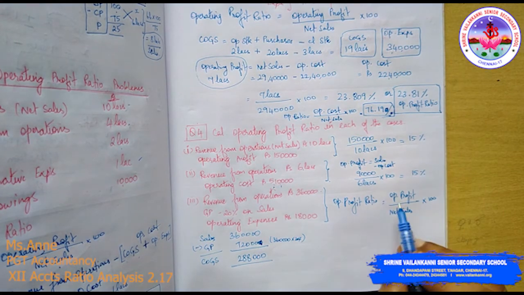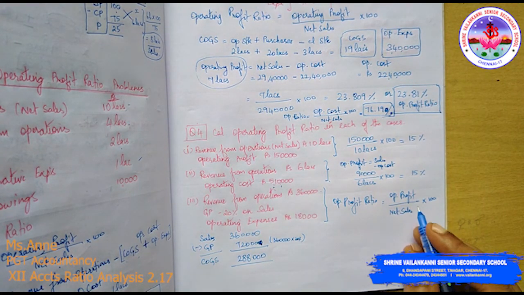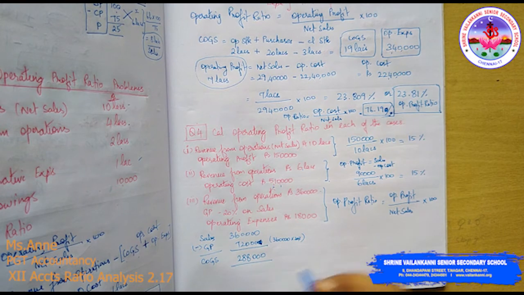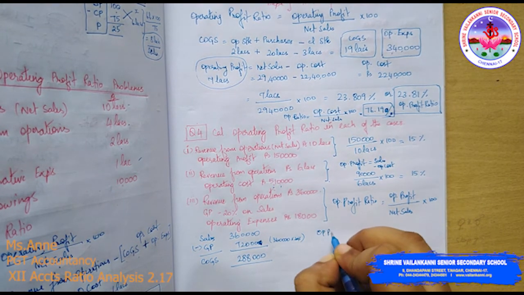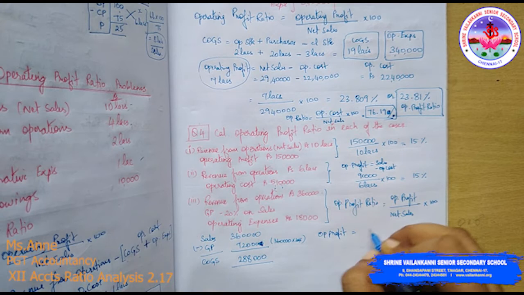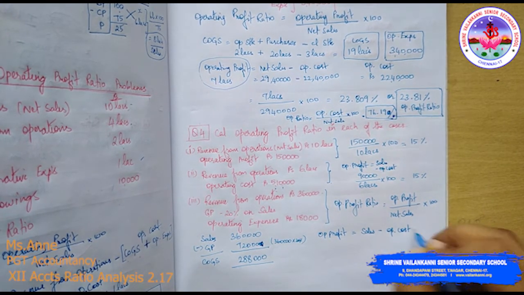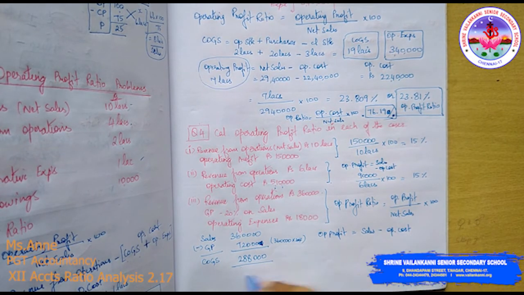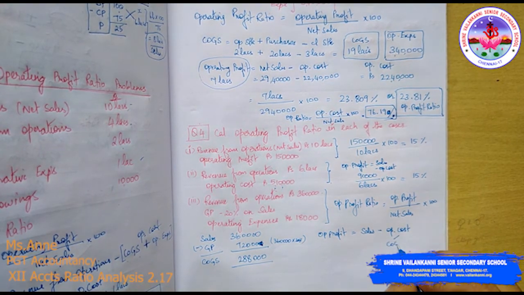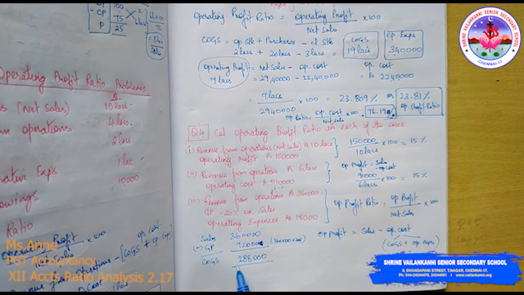Now you need operating profit. Now what is operating profit? Operating profit is equal to sales minus operating cost. Now what is operating cost? Cost of goods sold plus operating expenses will be operating cost. My cost of goods sold is 2,88,000 plus operating expenses is 18,000.